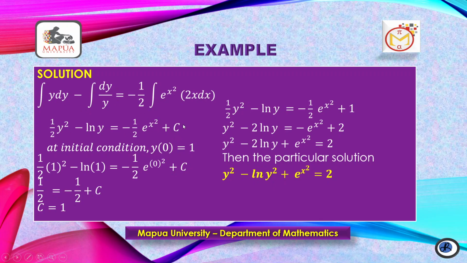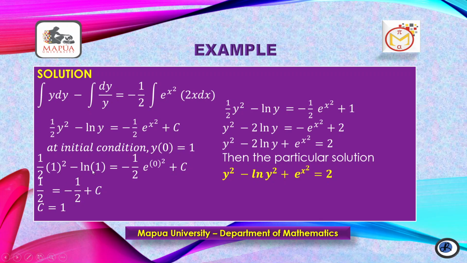If we have to look for the particular solution, we have to substitute the condition that y of 0 is equal to 1, meaning when x is 0, y is 1. So when we substitute that y is 1, this is now 1 half, and then we have ln of 1, and for the e raised to 0 for the x squared, e raised to 0 is equal to 1, so we have negative 1 half on the right side.